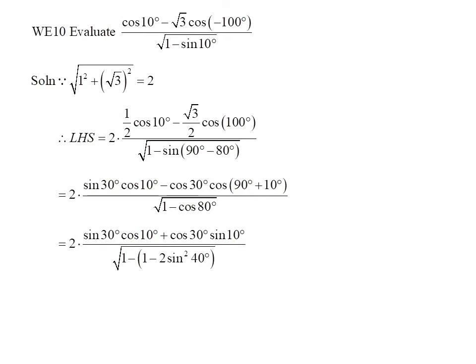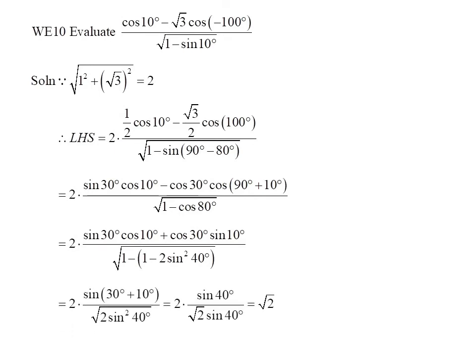Hence, the original expression can be simplified to 2 times sine 40 degrees over the product of square root 2 and sine 40 degrees, which equals square root 2.